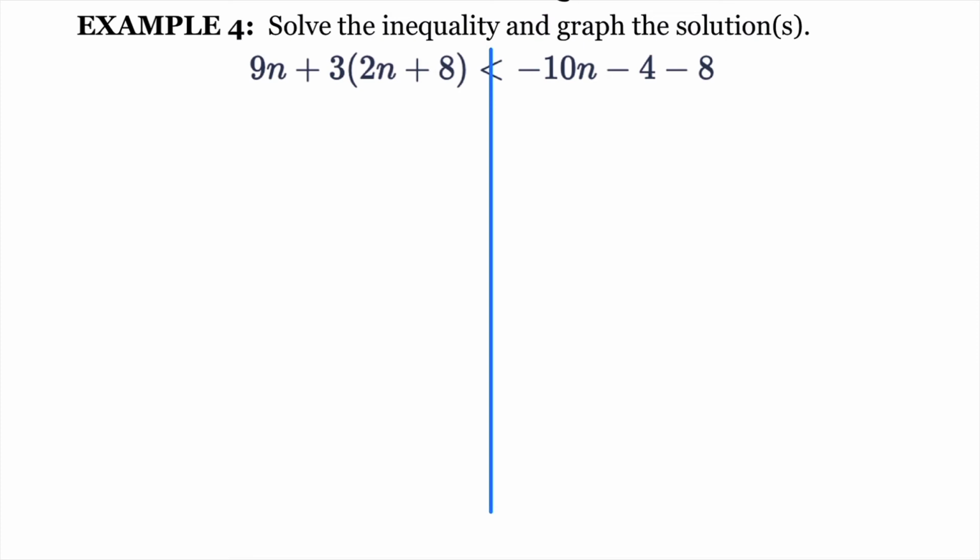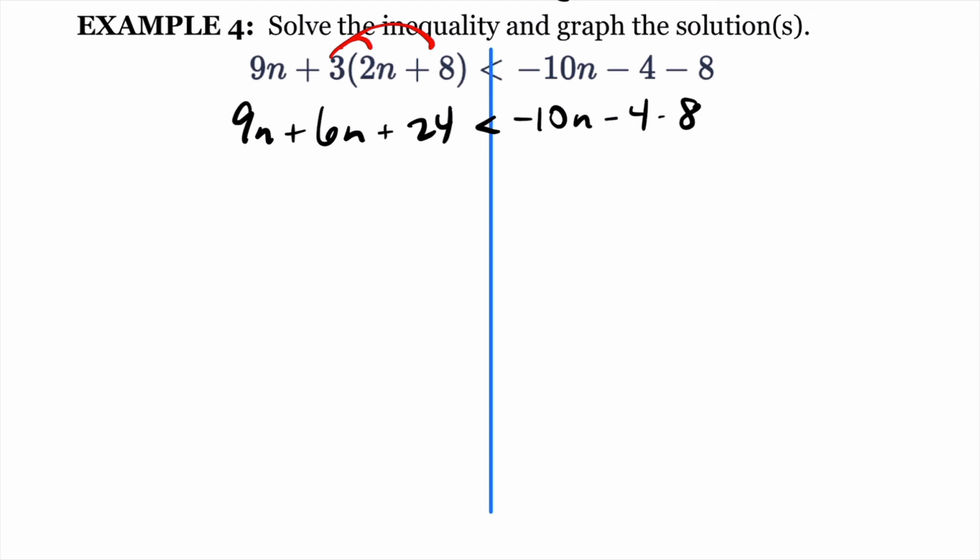Okay. Distribute. Yep. Got to distribute here, right? I've done that before. No more parentheses. I get to distribute. I'm done distributing. Okay, step 2, combine like terms on the same side. I have like terms that are on the same side, right?